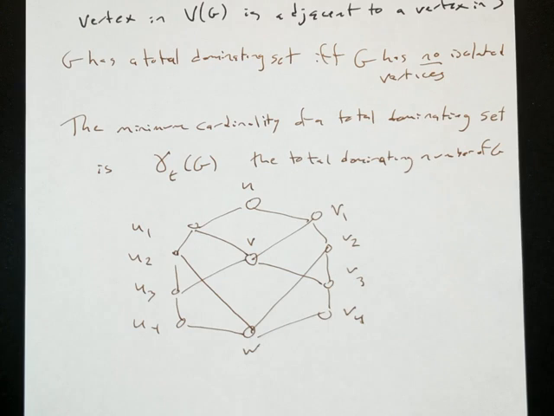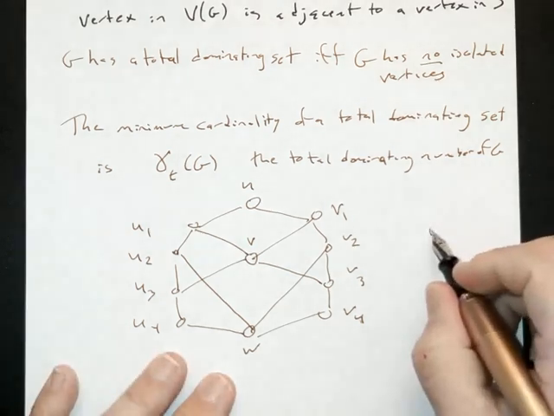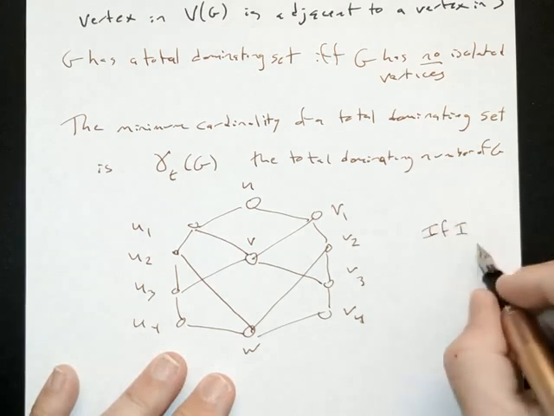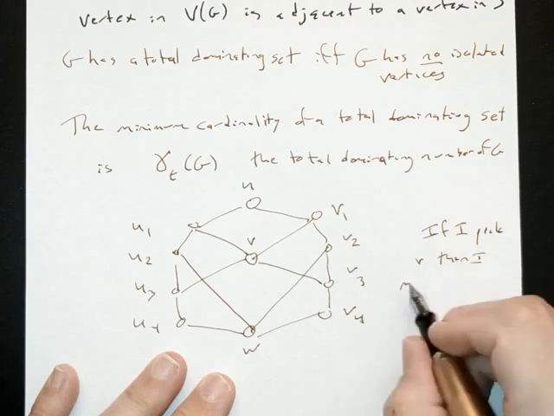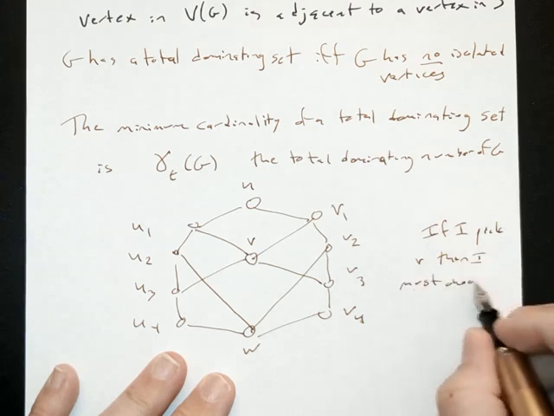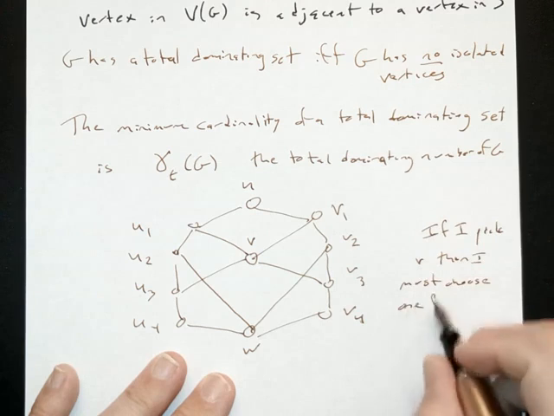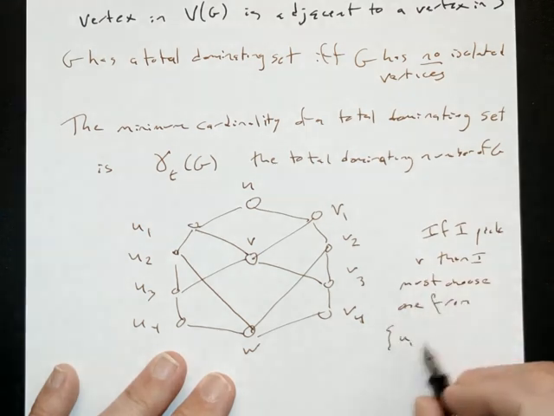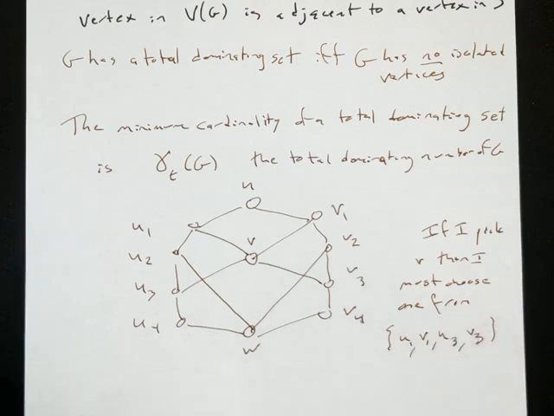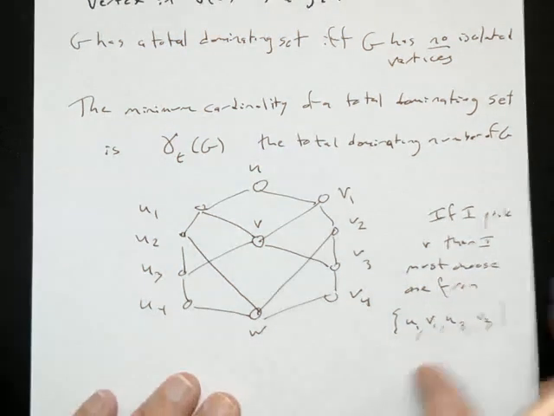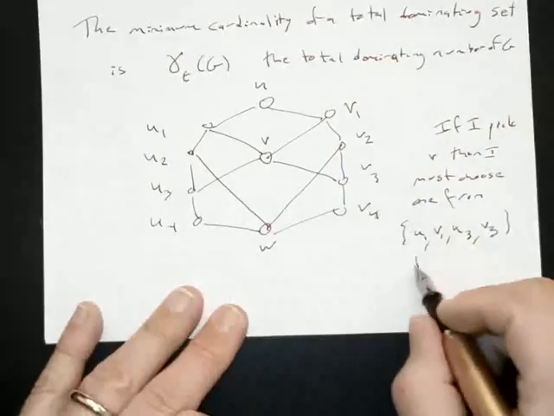Otherwise, I won't ever cover V, because the vertex no longer covers itself. So if I pick V, I have to pick one of those four to cover V.